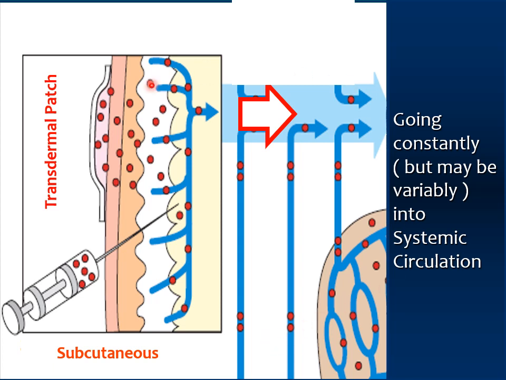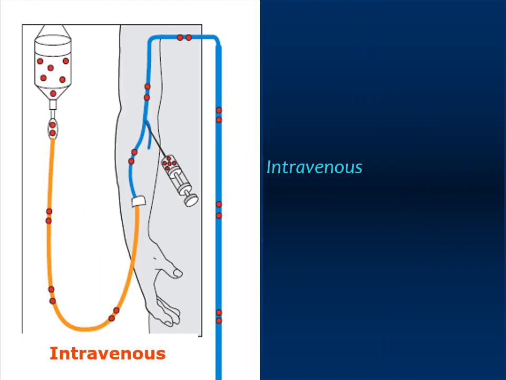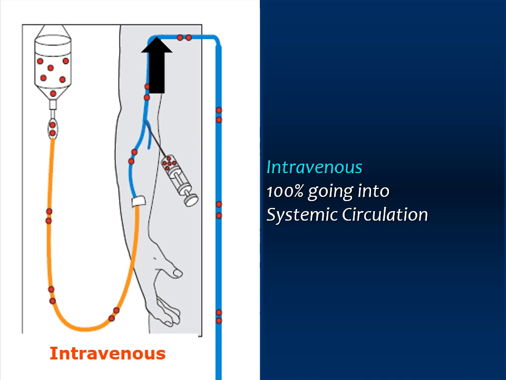So obviously the amount varies. A few molecules may be left there, not getting absorbed, so they stay inside the tissue. So 100% may not be reaching inside. However, intravenously 100% of molecules enter the systemic circulation.